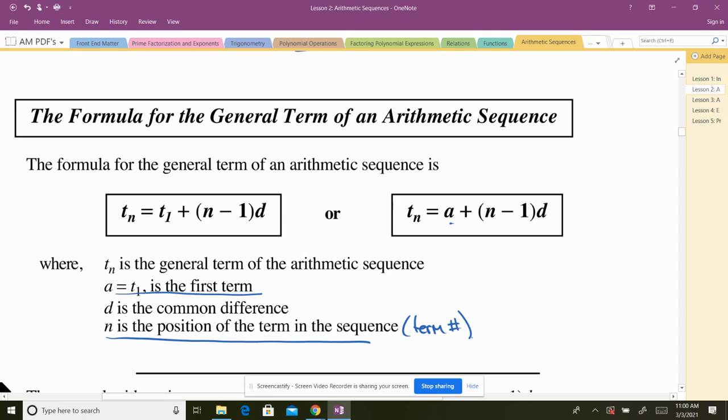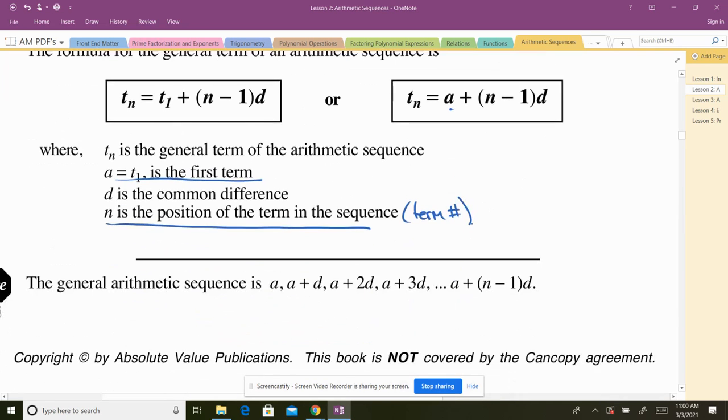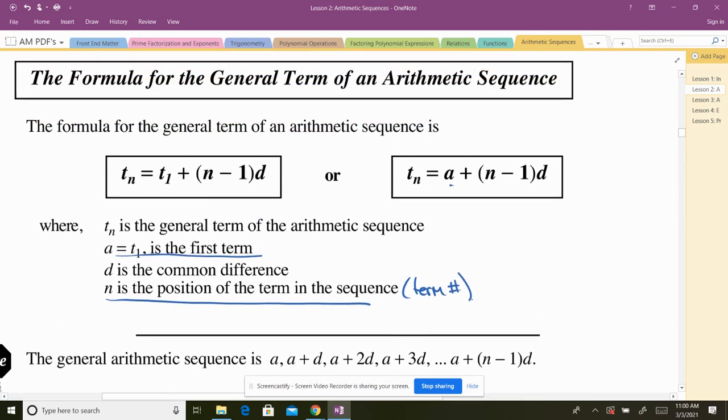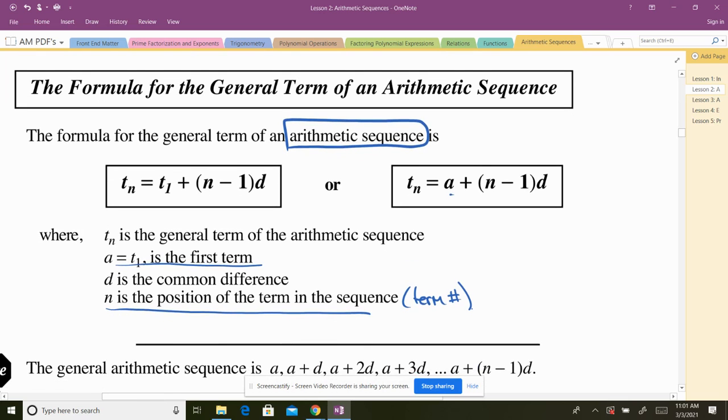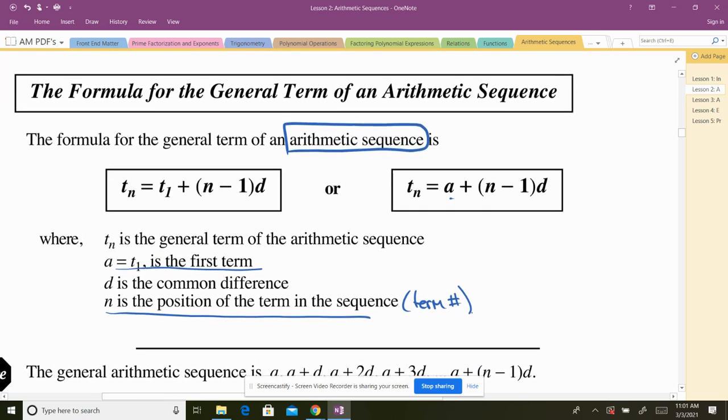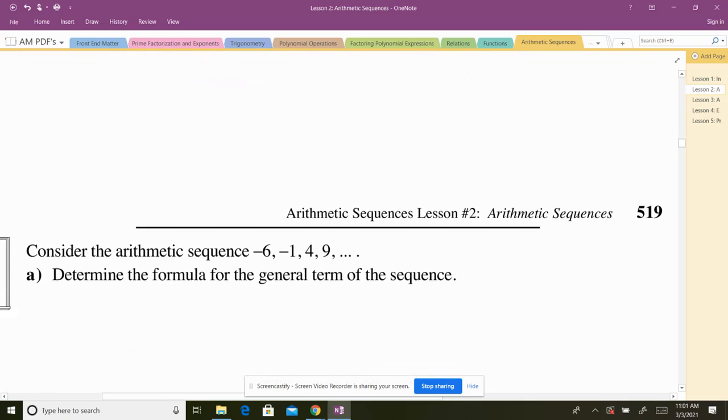Okay? So let's look at some of the questions. Everybody okay with that? This formula is only for arithmetic sequences. There are different formulas for geometric, but we don't look at those.